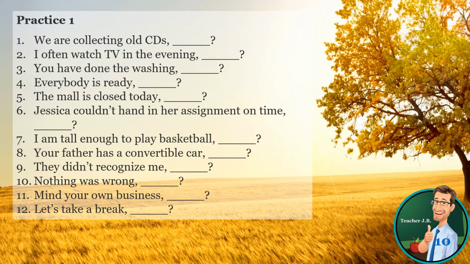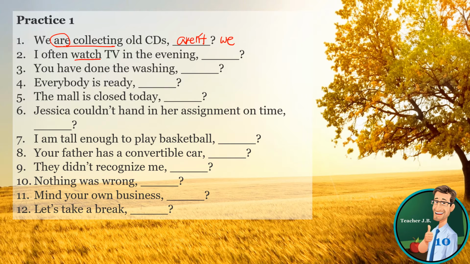Okay, let us do some practice here. We are collecting all cities. So this is the verb, and then this is the auxiliary, and this is positive, so we need a negative tag. Aren't we? Okay. I often watch TV in the evening.